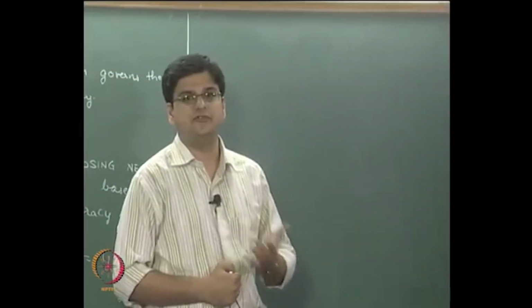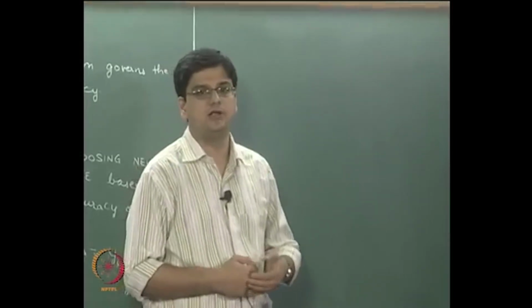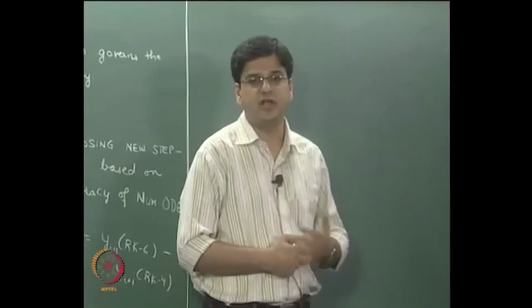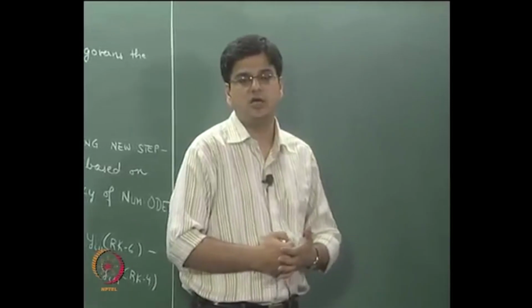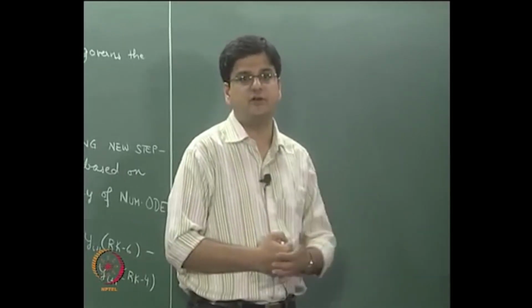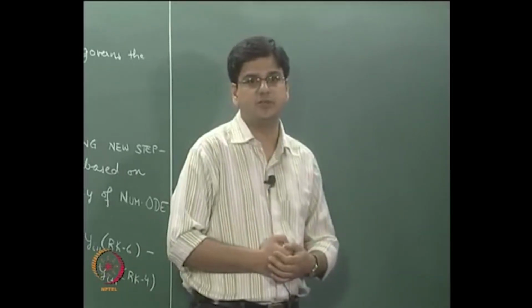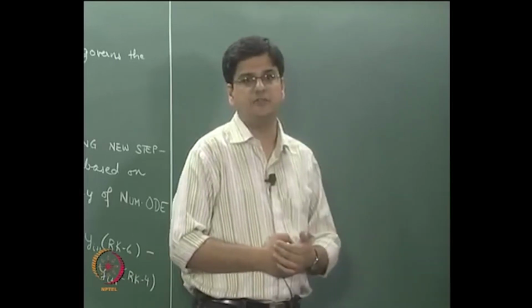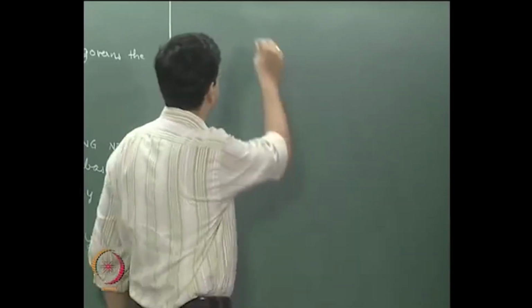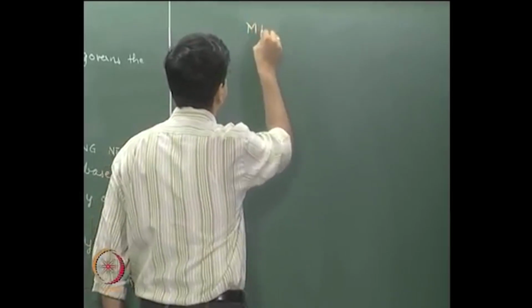So the methods that we have considered so far come under the umbrella of the Runge-Kutta family of methods, as well as after that we covered the predictor corrector methods. The third class of methods is essentially what is known as multi-step methods.